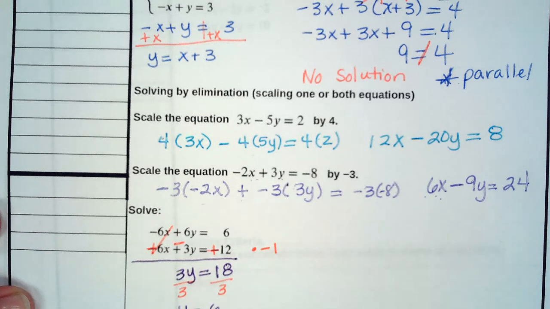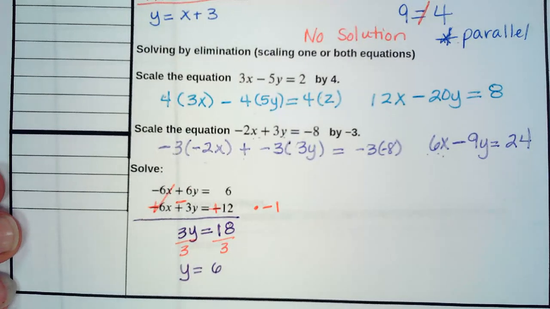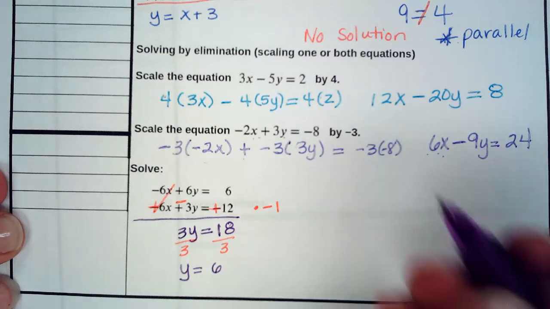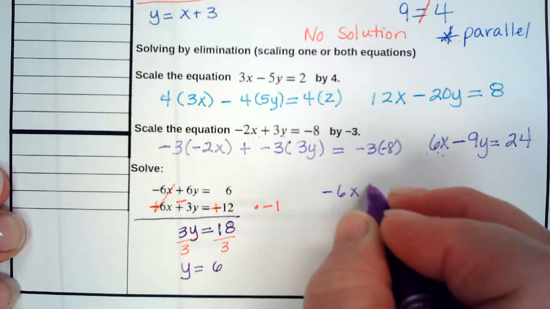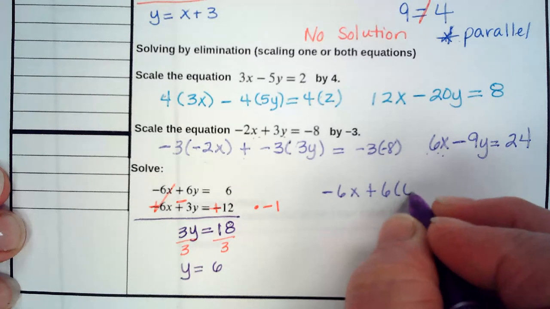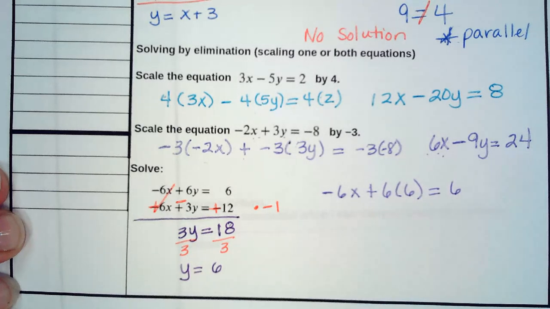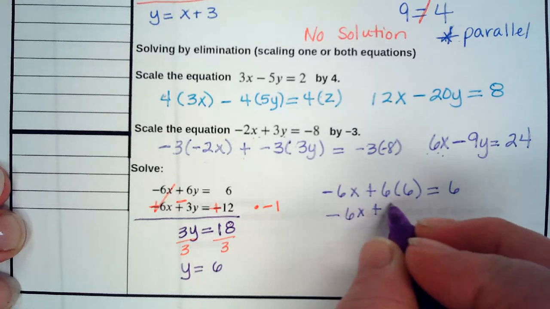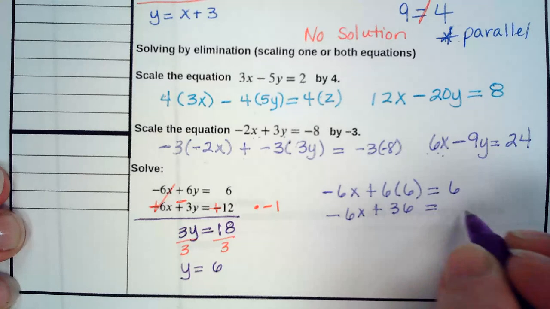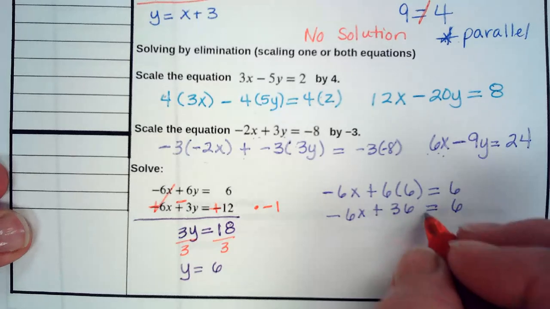But I still have to find x. So, I'm going to use the first one. Negative 6x plus 6 times 6 is equal to 6. Negative 6x plus 36 is equal to 6. Subtract 36 from both sides.